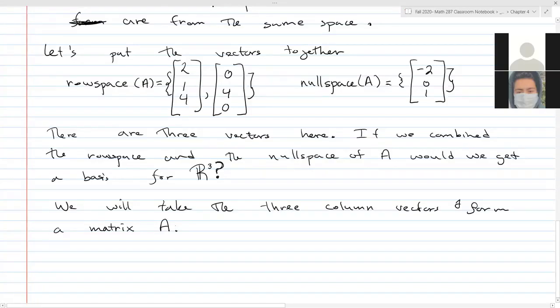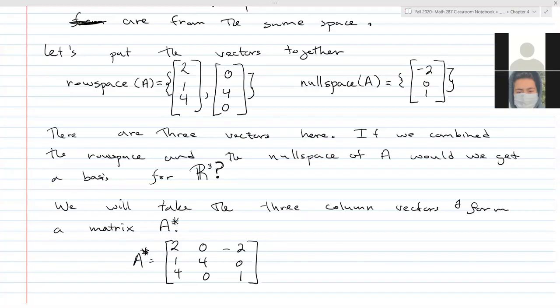We'll form this matrix, maybe call it A star, because our original matrix was A. So A star has columns (2, 1, 4), (0, 4, 0), (-2, 0, 1).